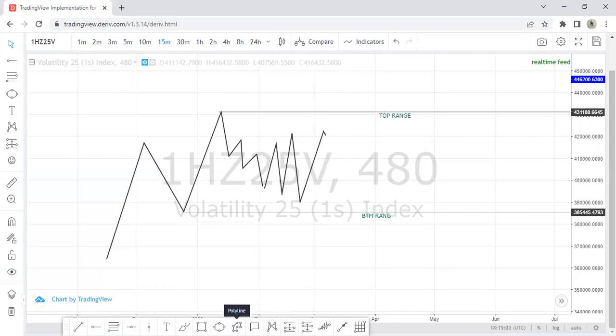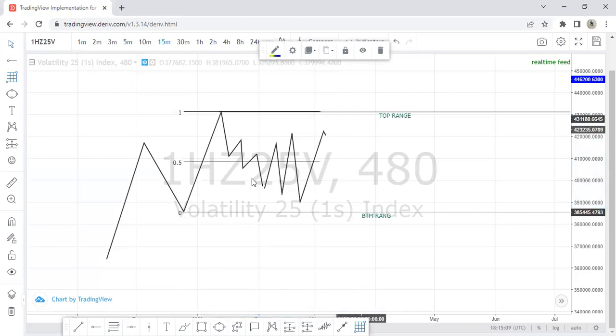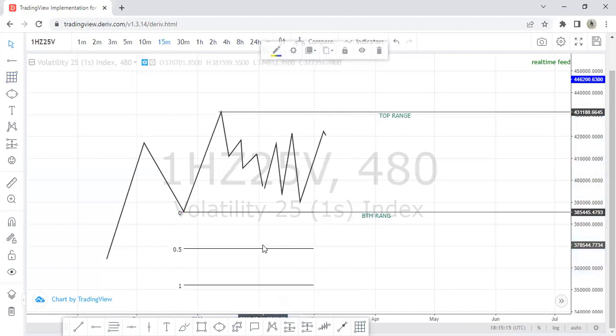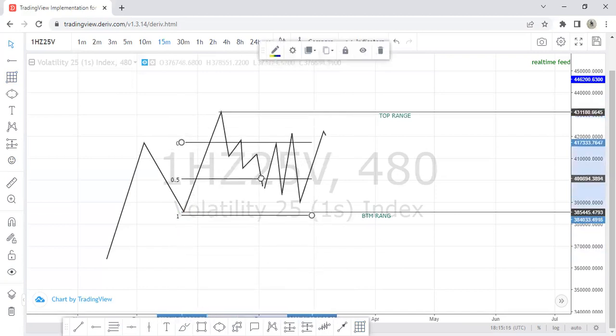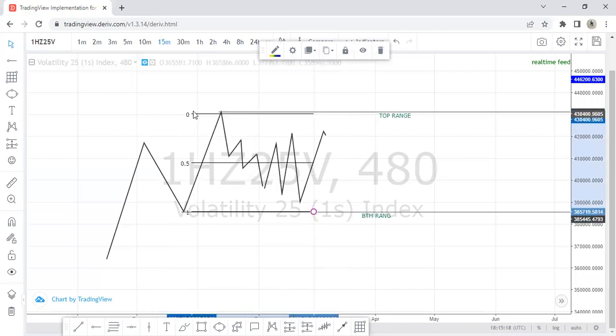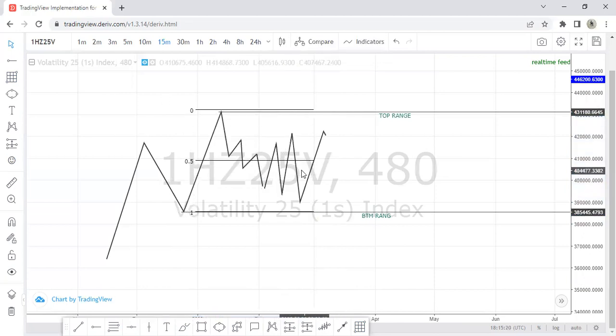I could just bring out my box and that's easier, right? That's mark 50%. So I'm looking for buys 50% and below, right? So looking for my buys, my 50% and below in this area, right?